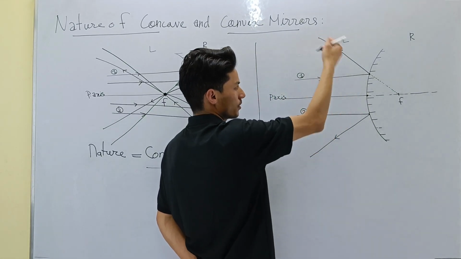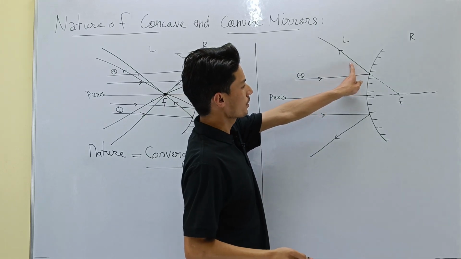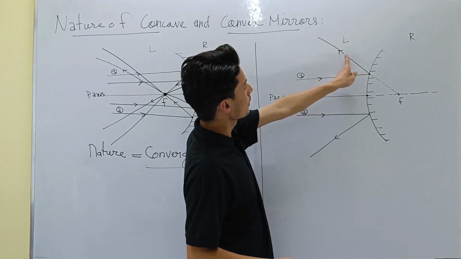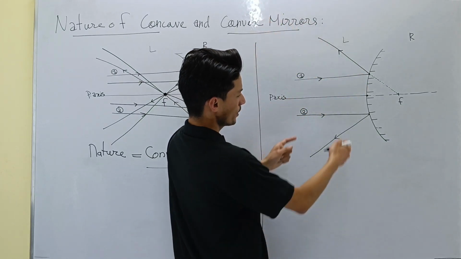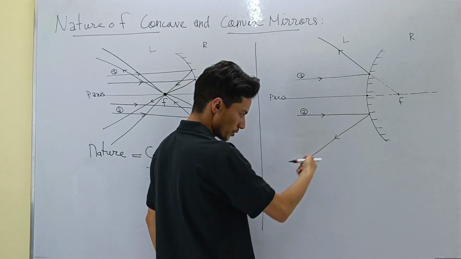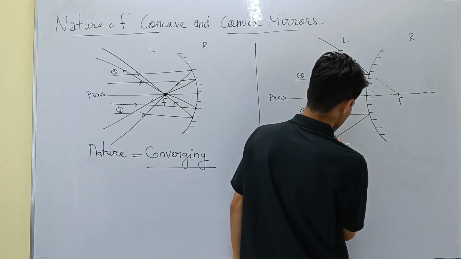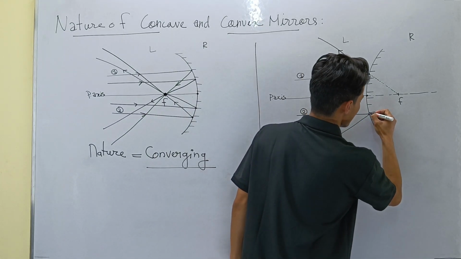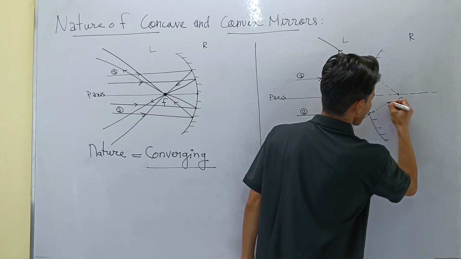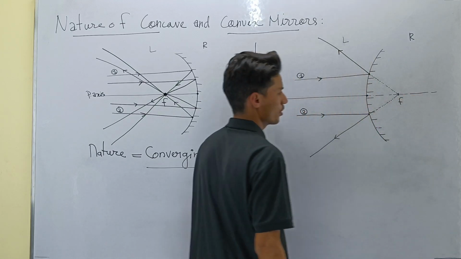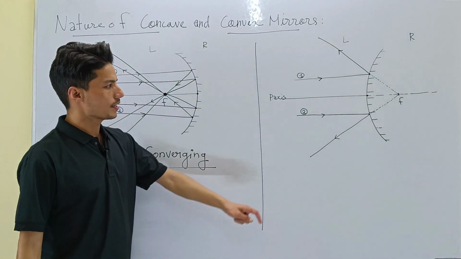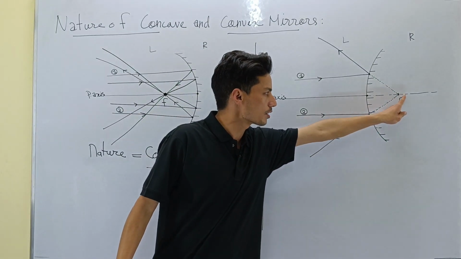Ray number 1 is reflecting and going towards this side. Ray number 2 is reflecting and going toward this side. Now if we backtrace this again, we will find that they appear to meet at the focus. They do appear to meet at the focus.